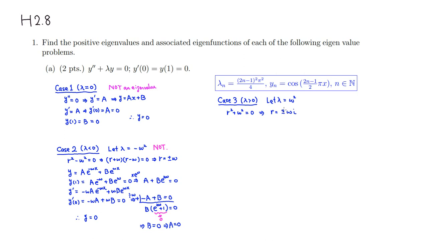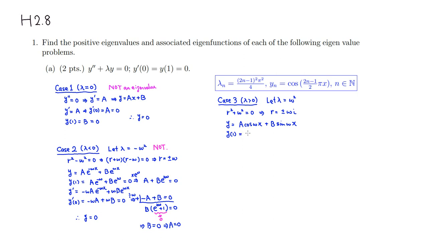The general solution is y equals a cosine of omega x plus b sine of omega x. Then let's evaluate y of 1.